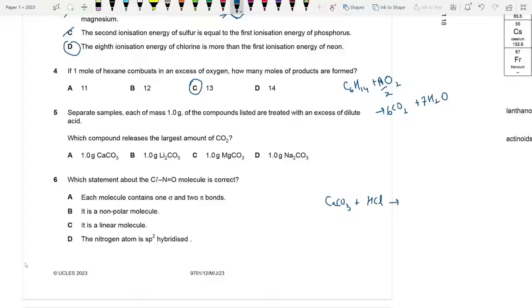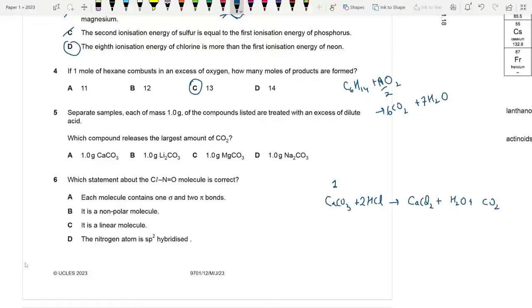So we end up with CaCl2 plus H2O plus CO2. And to balance this, we need a 2 over here. That's it. Now, we need the largest amount of CO2, right?